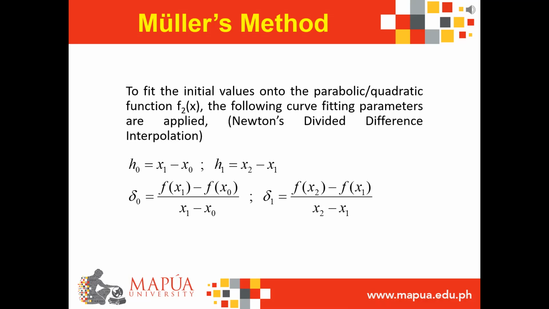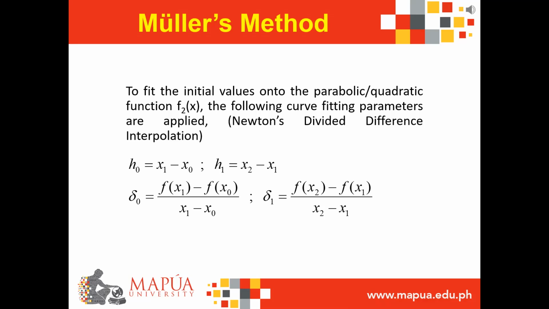Note that these are the curve-fitting parameters depicted in the graphical depiction, wherein h0 implies the difference between x1 and x0, h1 implies the difference between x2 and x1, delta 0 implies the slope of the straight line connecting your data points x0 and x1, which is equivalent to the difference between your function f(x1) minus f(x0) divided by the difference of your values of x, which is h0.